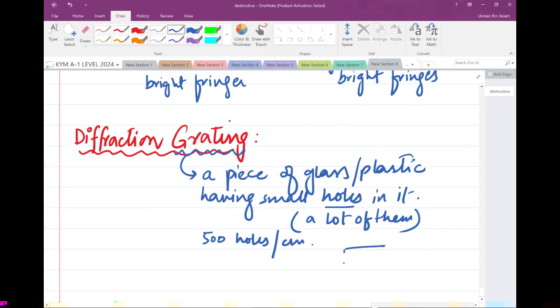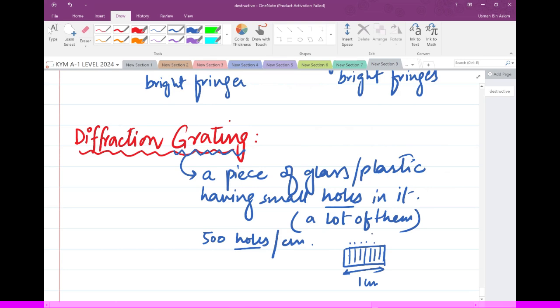That means a 1 centimeter piece of that glass might have 500 lines on it. These lines are perforations, a symbol of a hole. They are very close to each other and are made by using machines. We can't manually make those lines.